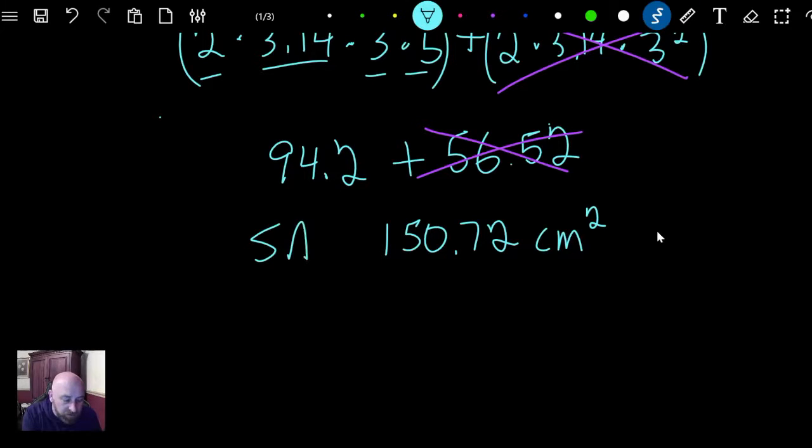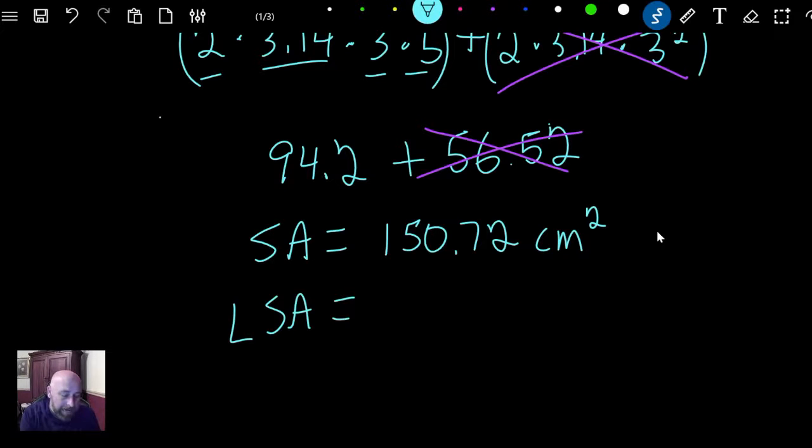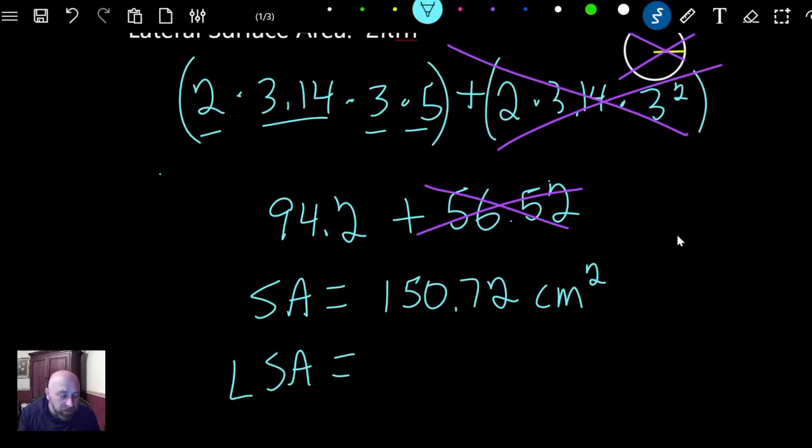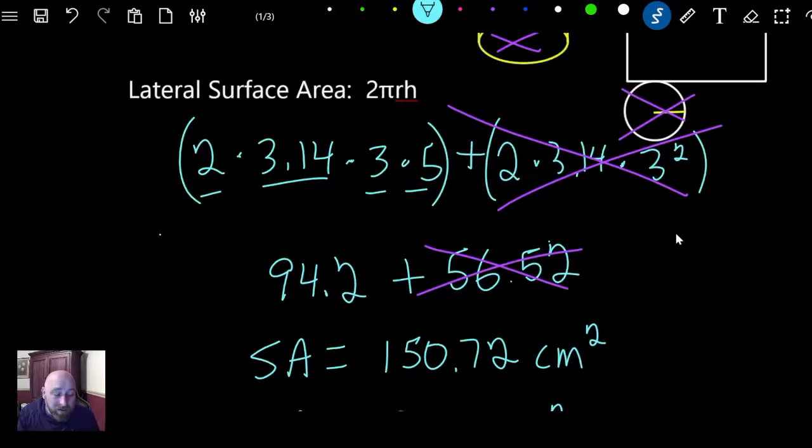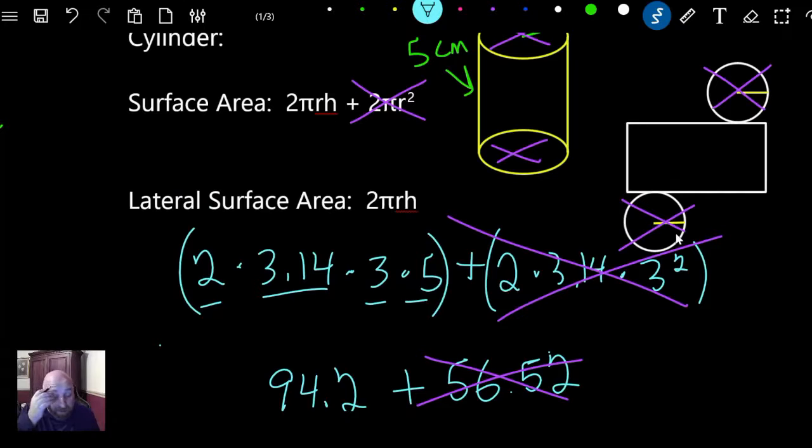And so this was the surface area. I'm going to write surface area equals, and then we had the lateral surface area, LSA, or you could just say LA, lateral area. Either way, it is 94.2, and again, that is centimeters squared. That's the easiest way to find the lateral surface area.